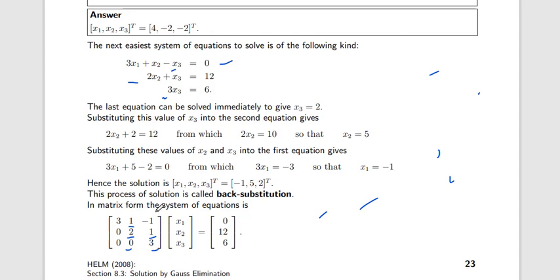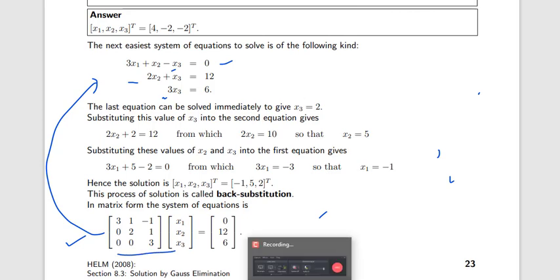Now if you have this type of matrix and you want to transfer the matrix form into linear equations, how do we get the linear equations? We can get them easily. This is the multiplication of two matrices.